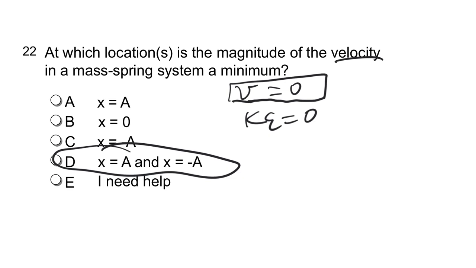Where does the object stop when it's on a spring? It's going fastest in the middle, so it stops at the extreme positions, at the amplitude. So that would be where a is maximum, where delta x is maximum, and that would be at the amplitudes, letter D.